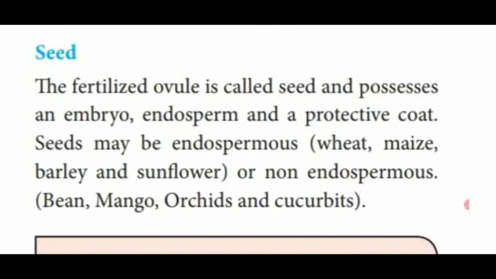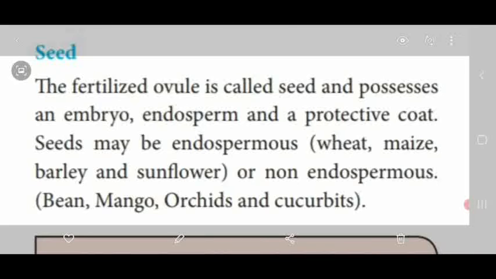So we already saw perisperm. What is the perisperm? The endosperm gives nourishment to the growing embryo. The embryo utilizes all the endosperm. In some plants, it may leave a certain portion of endosperm.